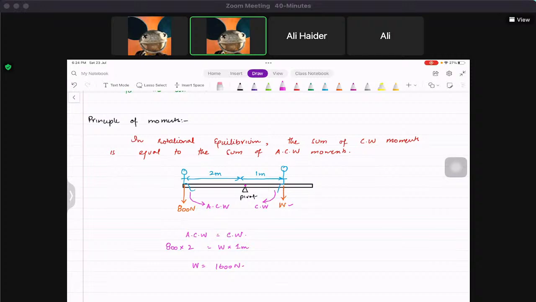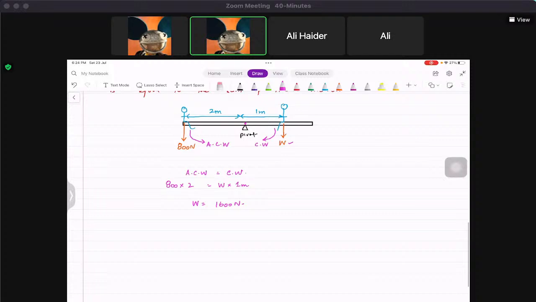Now, similarly, suppose they have this pivot, and this time there is one person here, one person here, and one person here. So they have given these distances.